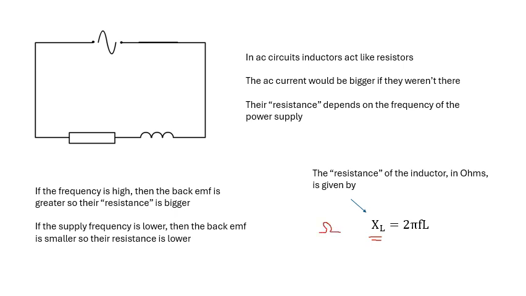It's just like resistance, the resistance of an inductor in an AC circuit, and it equals 2 pi f L. My reactance gets bigger with frequency, because when the frequency is bigger, the flux is changing more rapidly. So from dΨ/dt, you're going to get a bigger back EMF.